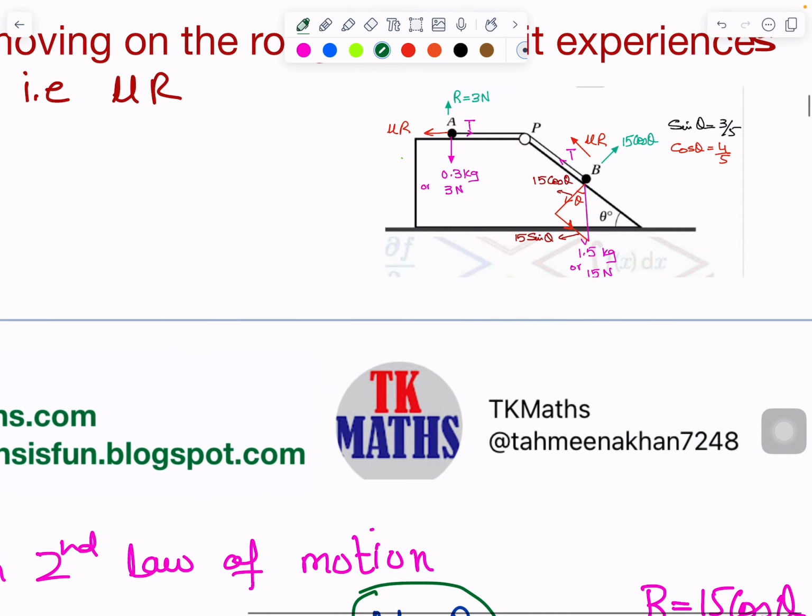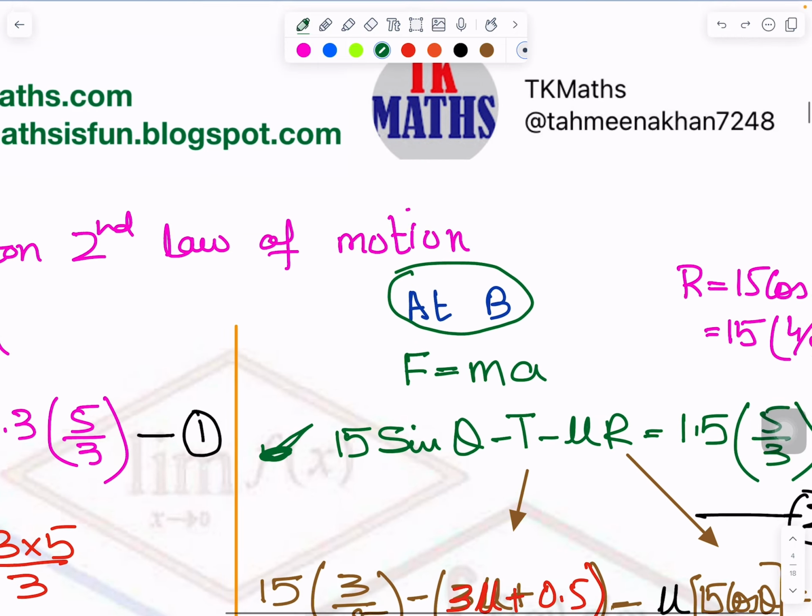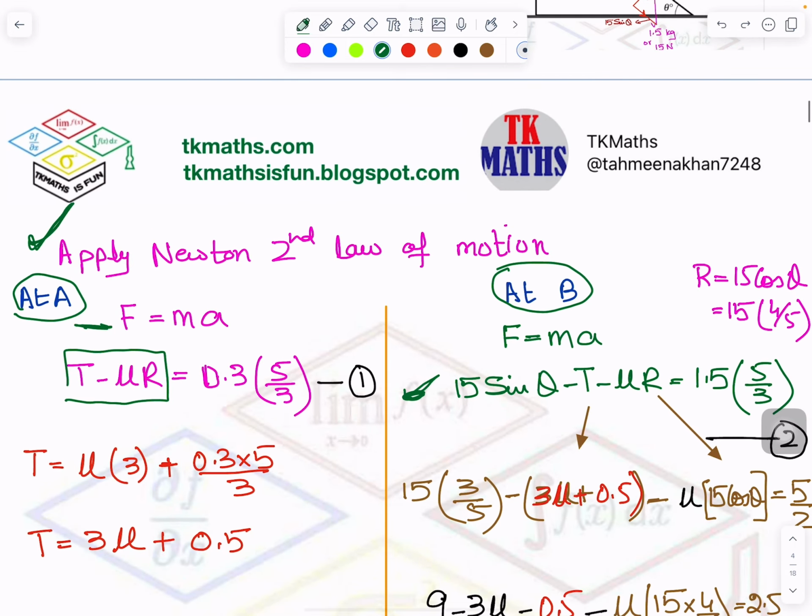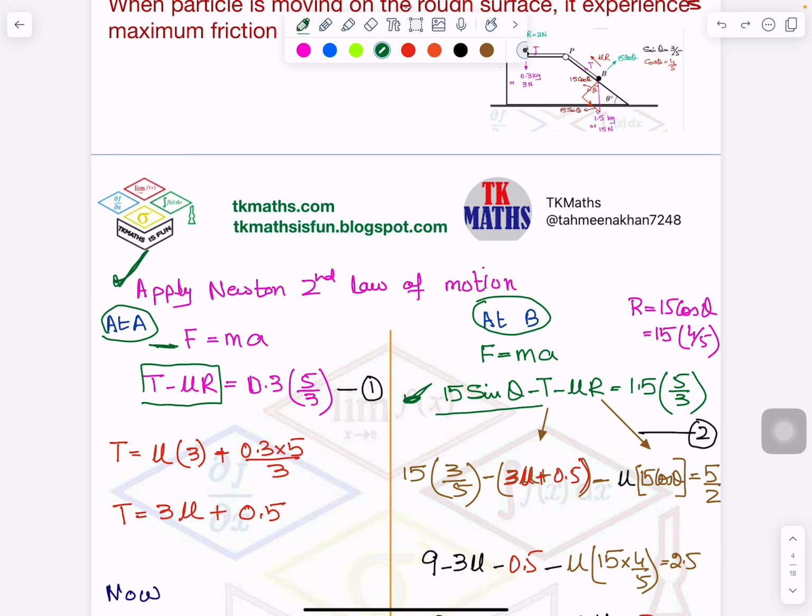Because here it is not only tension, but friction is also acting on it, because the surface is rough now. It was given to us in the question. So my resultant force will be 15 sine theta minus T minus mu R equals 1.5 times this.